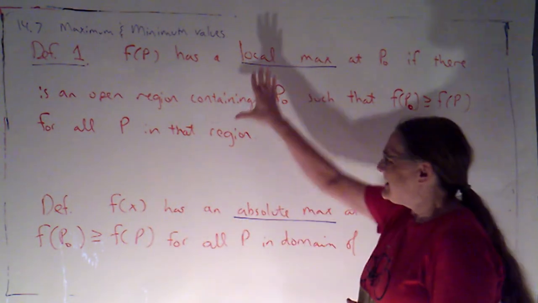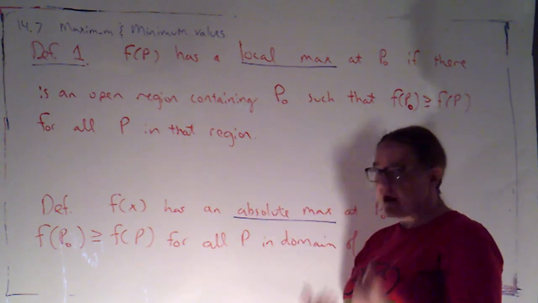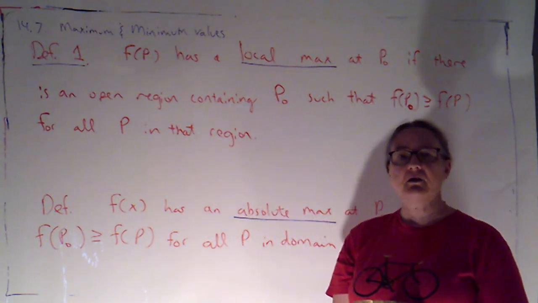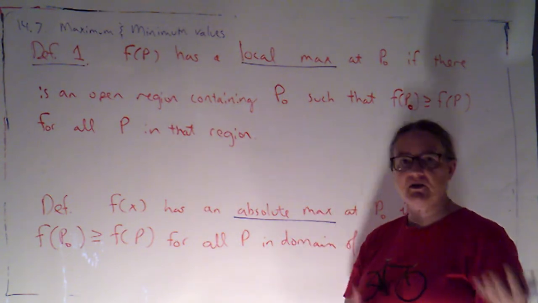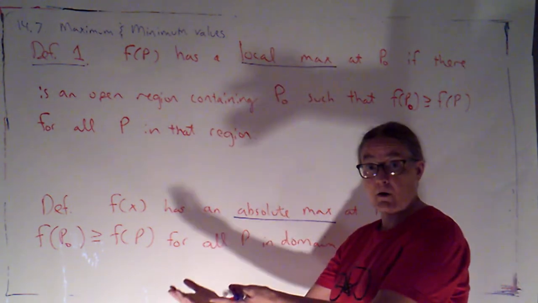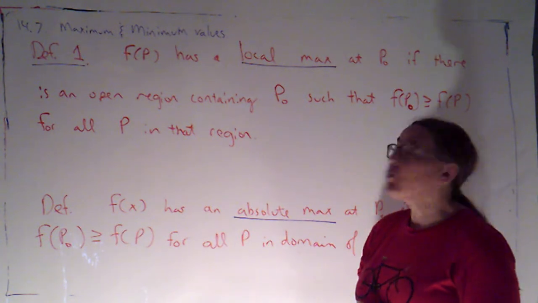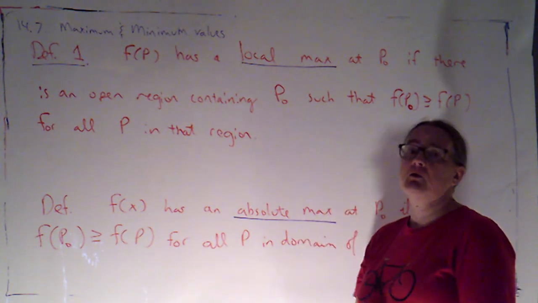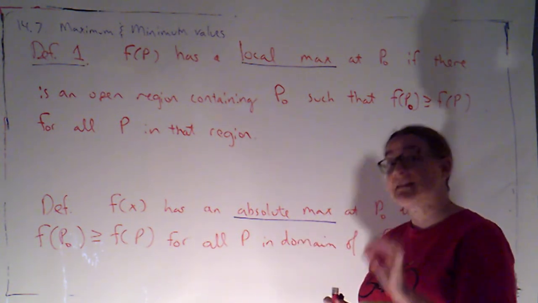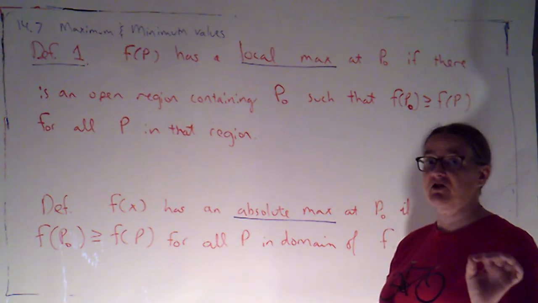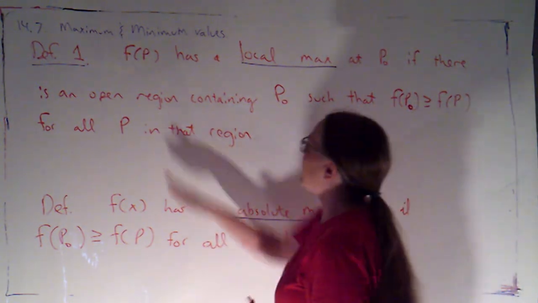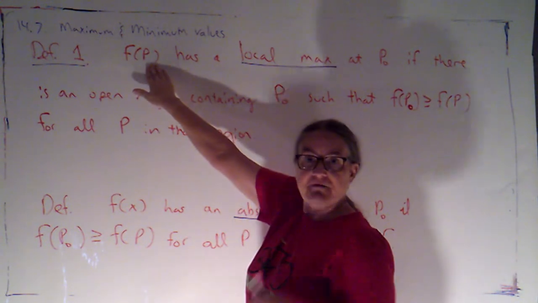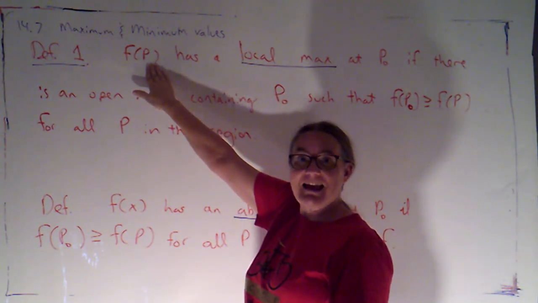But these definitions and some of the theorems that we're going to encounter apply for functions of n variables, where n could be 2 or 3 or more. So whenever I'm giving you a definition or a theorem that does apply in higher dimensions, my version will be genericized. I'm going to talk about f of p, a function evaluated at a point in n space.